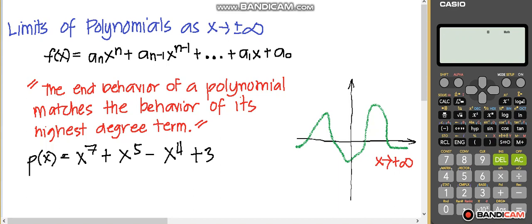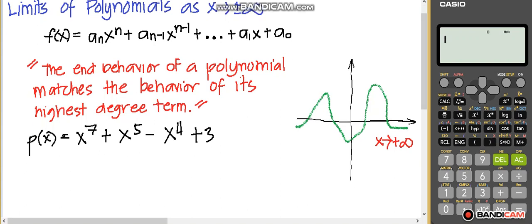So para masatisfy natin yung condition natin regarding the end behavior of a polynomial, we'll just substitute large values of x into the polynomial and evaluate the value of the function. Say x is equal to, sabihin natin, class, 100,000 or 1 million na lang. What is p of 1 million?